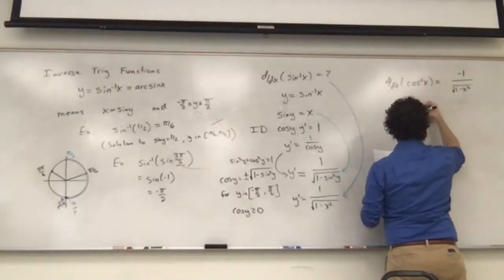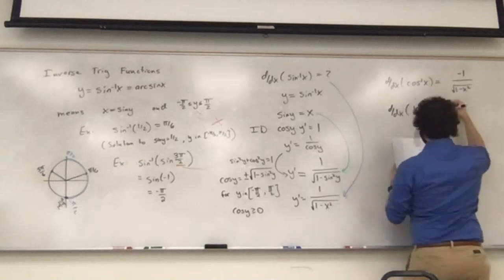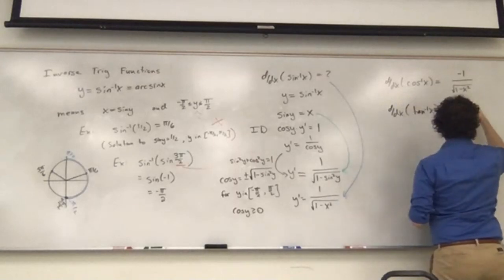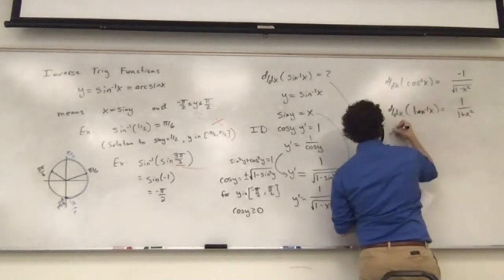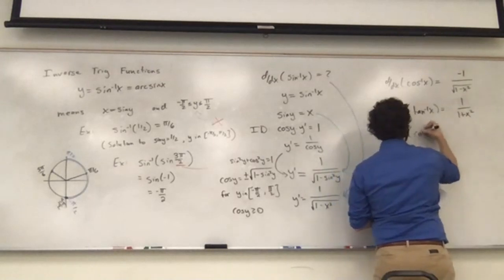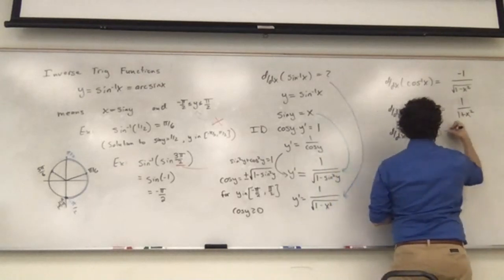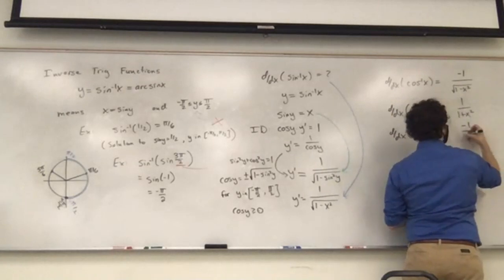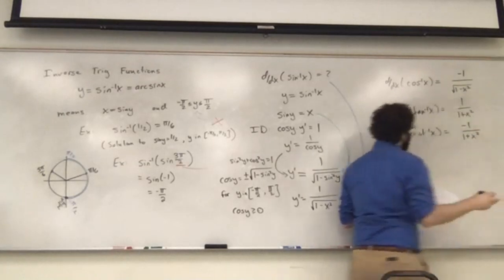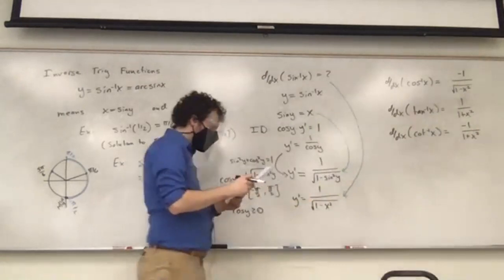Then we have tangent inverse. Its derivative is 1 over 1 plus x squared. The derivative of cotangent inverse is, again, off by a minus sign, -1 over 1 plus x squared.